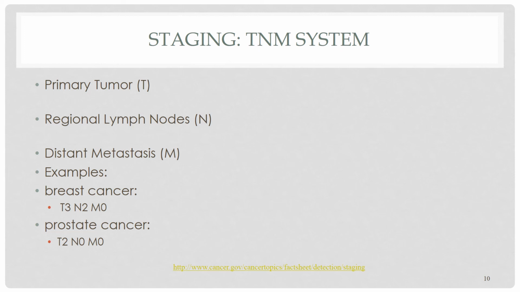I put a link here from cancer.gov, and it's a very simple explanation of staging, and I actually took the examples of breast cancer and prostate cancer from there, and you can read it if you are interested to learn more about staging and grading, but this slide gives you the essence of the TNM system.